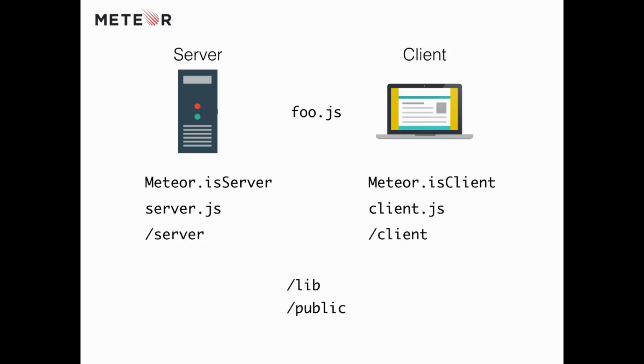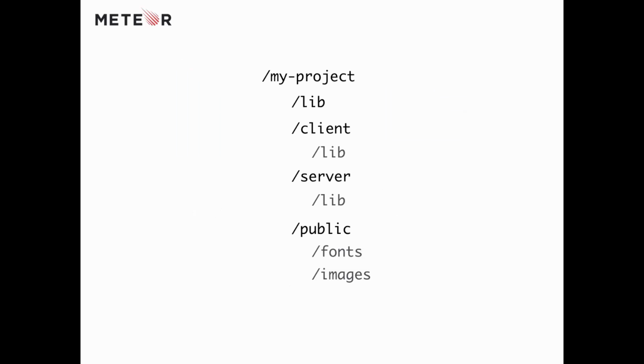And I just want to look quickly over how to structure projects. Generally, the simplest way to structure it would be to have a lib directory for shared code, and everything in there will get loaded first. A client directory for client-only code with a lib directory inside of there for stuff that needs to get loaded first on the client. A server directory for server-only code, and the same with a lib directory in there for code that needs to be loaded first on the server.